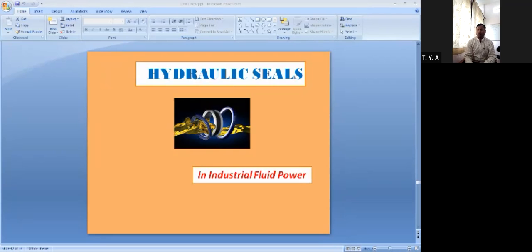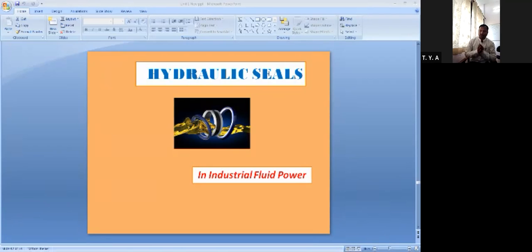So we need to control leakage in the hydraulic system. Due to that only, the application of seals and packing is very important.